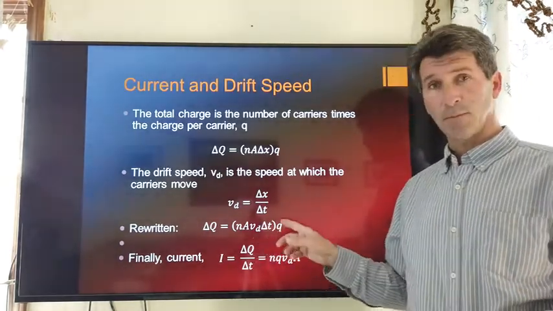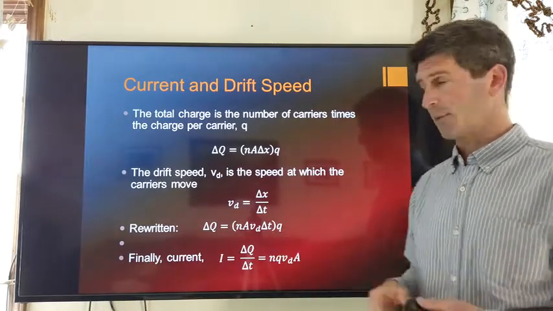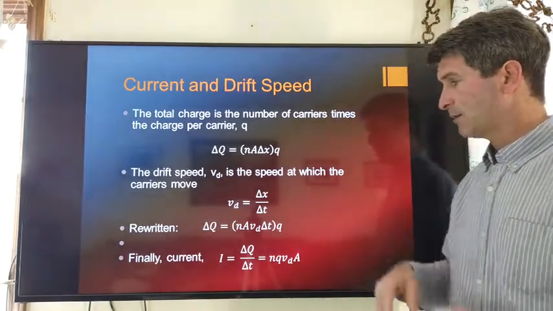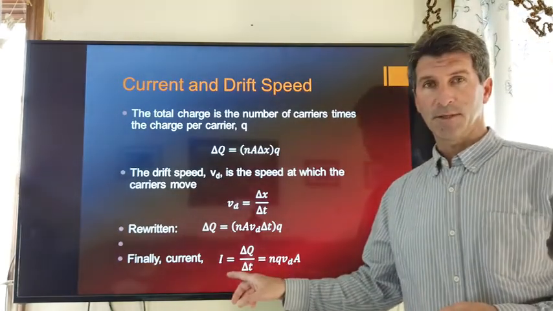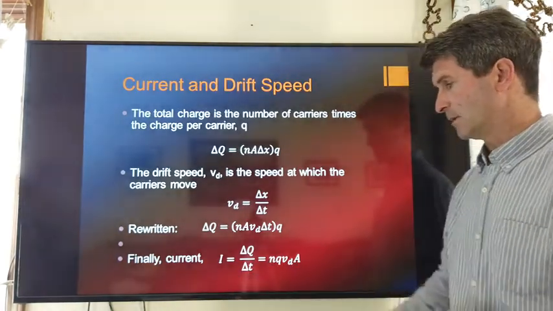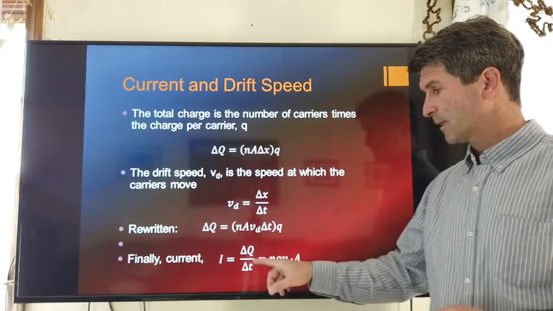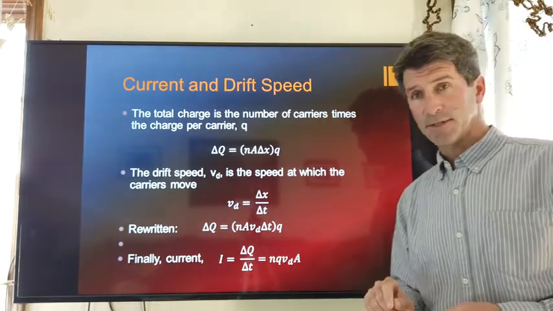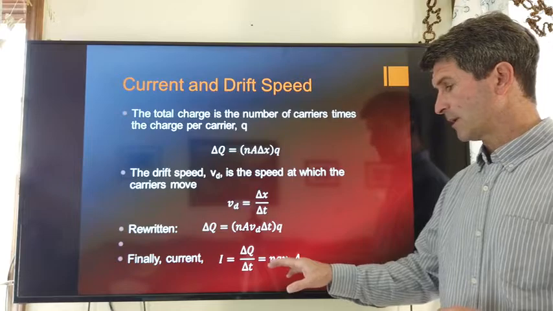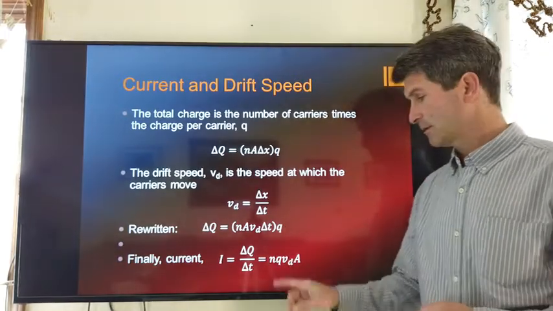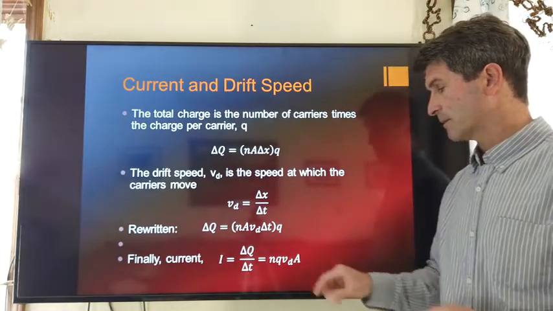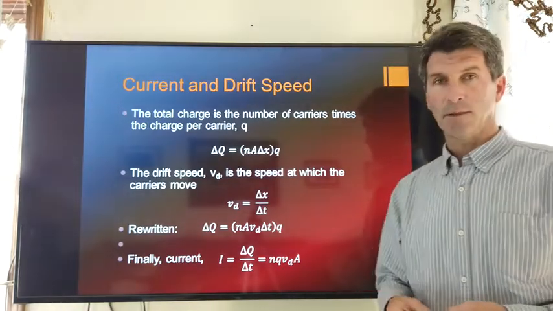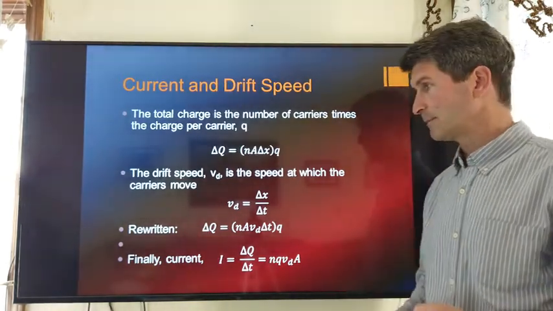If we take meters per second and multiply that by seconds, we get back meters. Again, Q is our charge. And finally, we plug this into our current equation, delta Q over delta t. This delta t will cancel out with this delta t, and we're left with the current being equal to the number of charge carriers times the charge per carrier, the drift velocity, and the cross-sectional area of the wire.